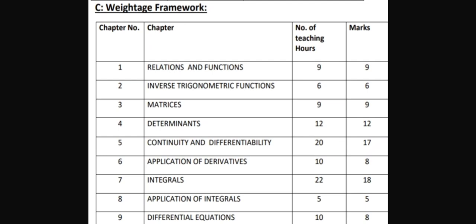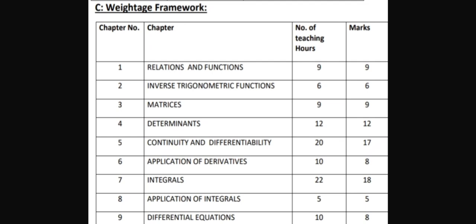Again the fifth chapter is continuity and differentiability. From these both concepts we get 17 marks. Then the sixth chapter, based on differentiability, is the application of derivatives. Here also we use the differentiability concept.